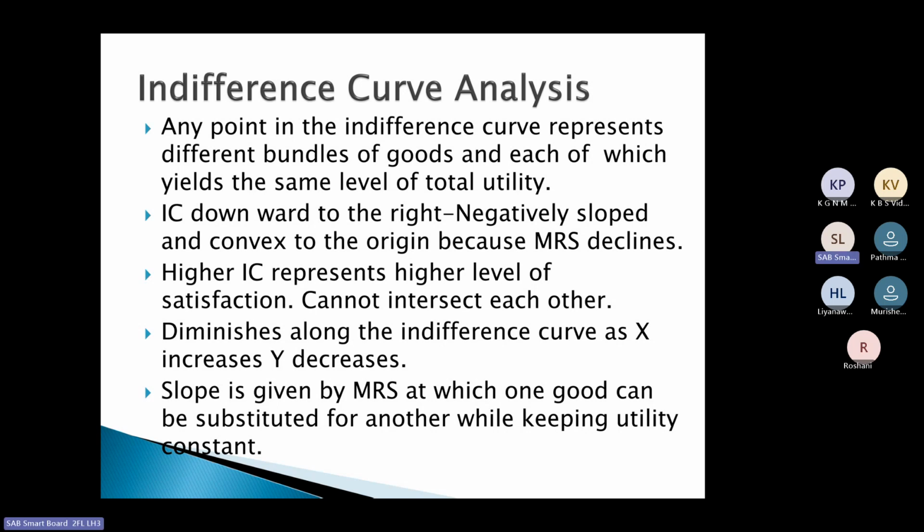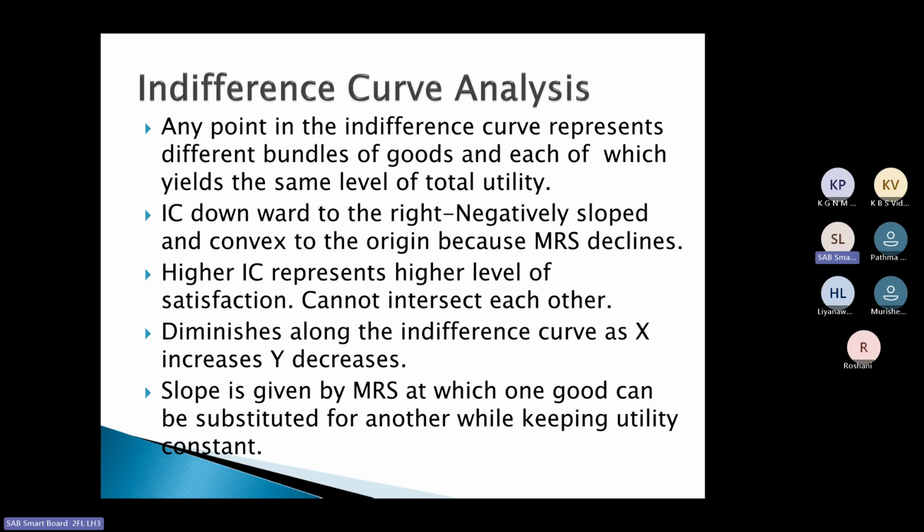Here also we have certain assumptions, but those assumptions are not very practical: measurability, and other assumptions like consuming equal quantities continuously under the same circumstances. Those things do not actually happen because our consumption depends on so many factors and situations.